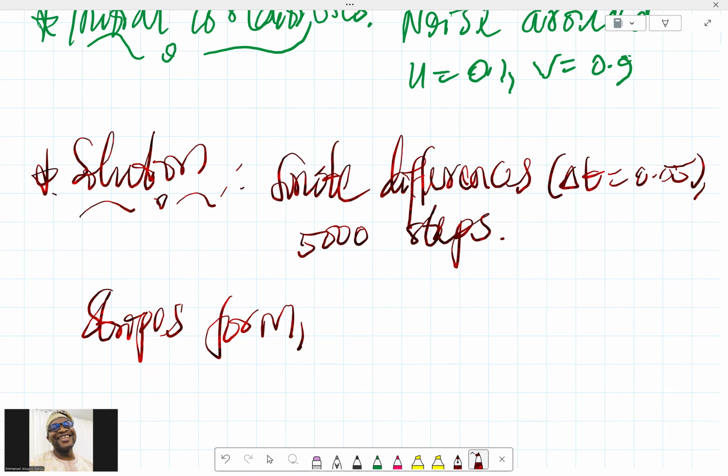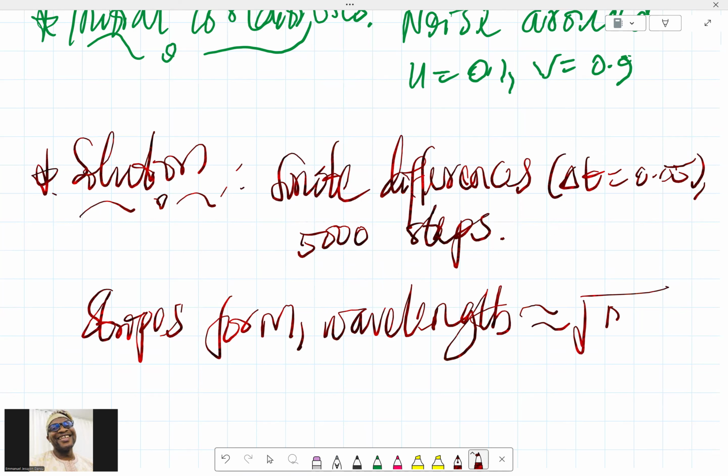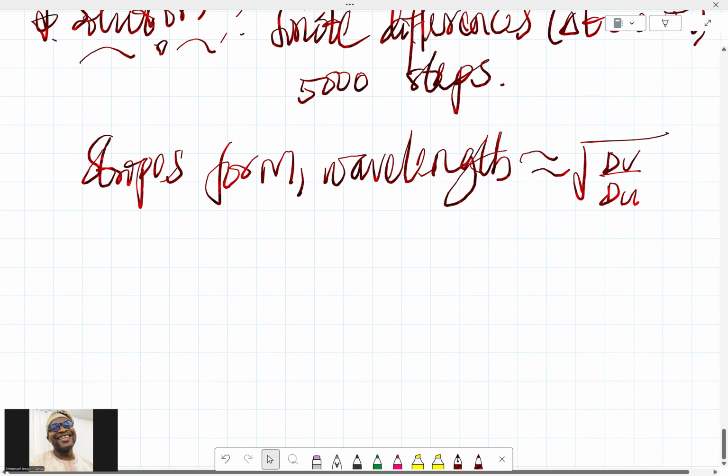So stripes form, right? And the wavelength is approximately square root of dv over du. Okay. So then we have the steady state.